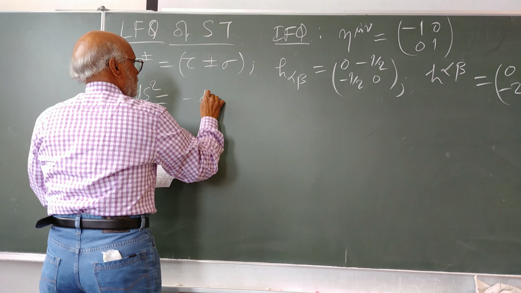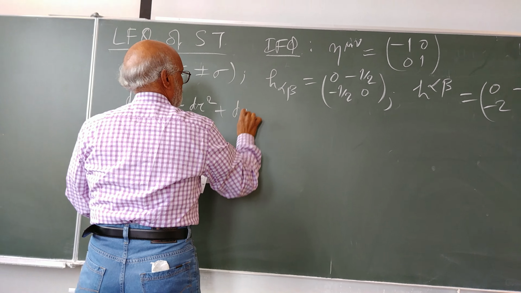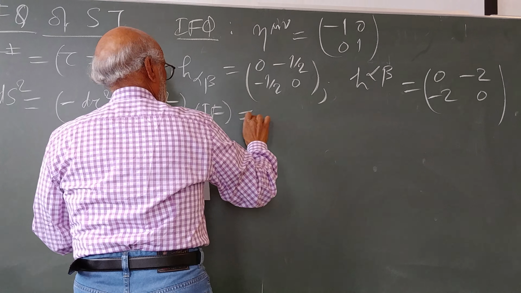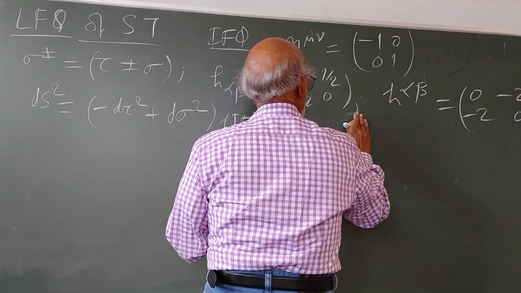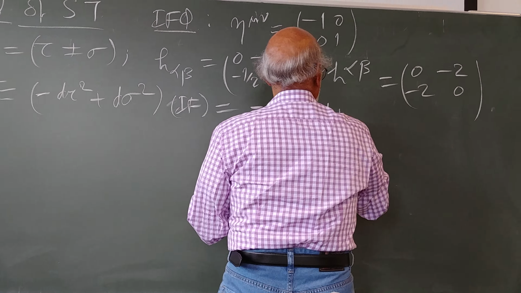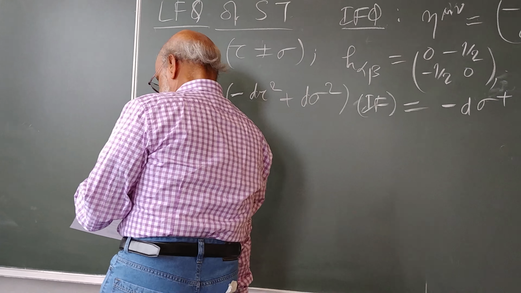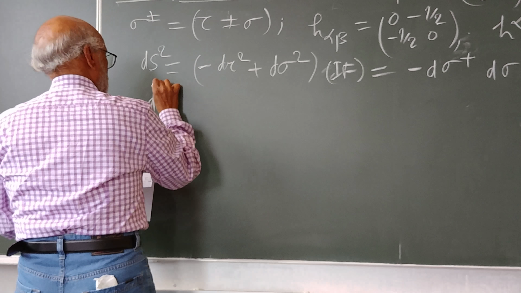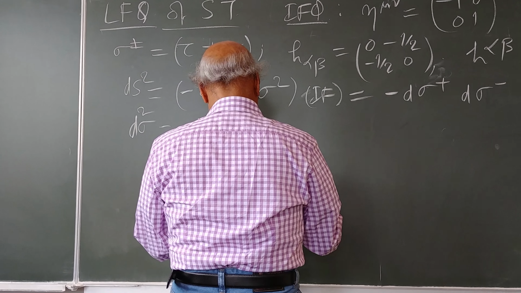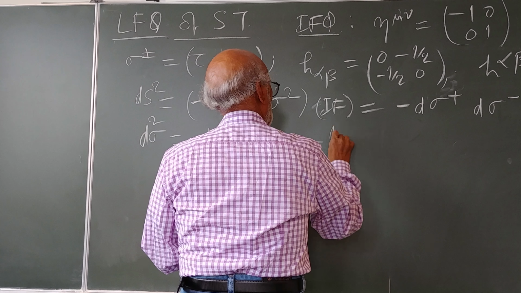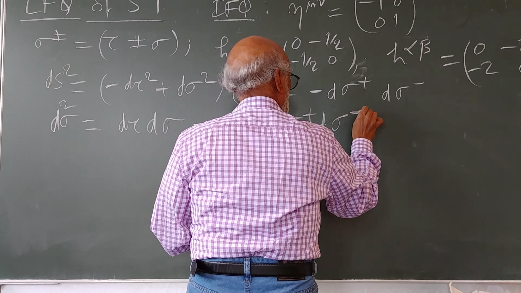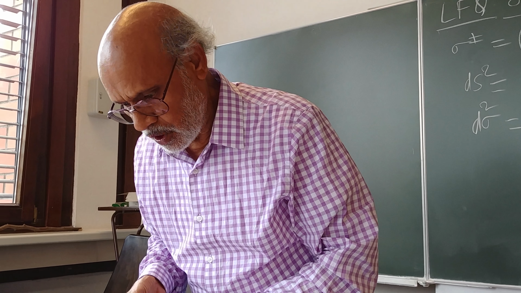ds square, which was minus d tau square plus d sigma square in the instant form coordinates, was equal to minus of d sigma plus times d sigma minus, and the measure d2 sigma, which is d tau d sigma, this turns out to be minus 1 half into d sigma plus d sigma minus.